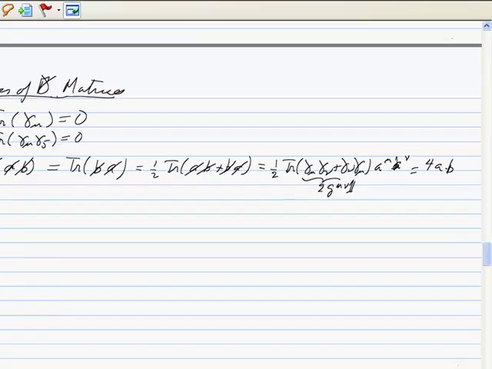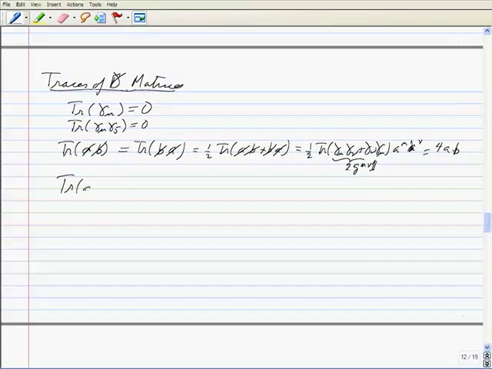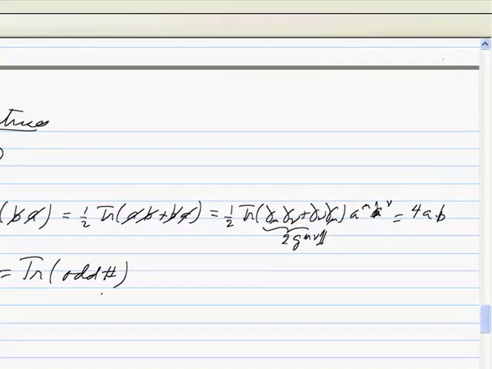The trace of A slash B slash C slash equals 0. It's the trace of any odd number of gamma matrices.